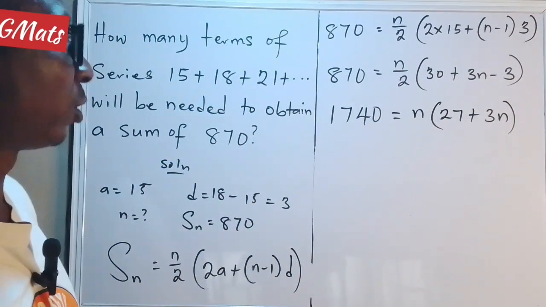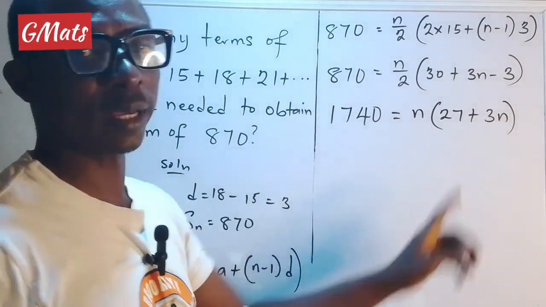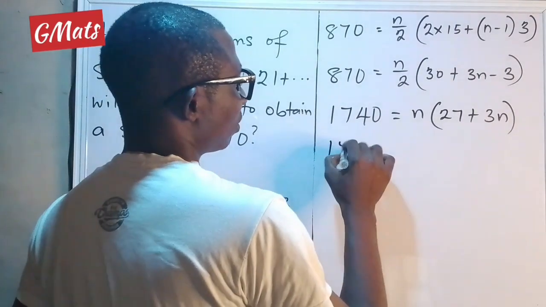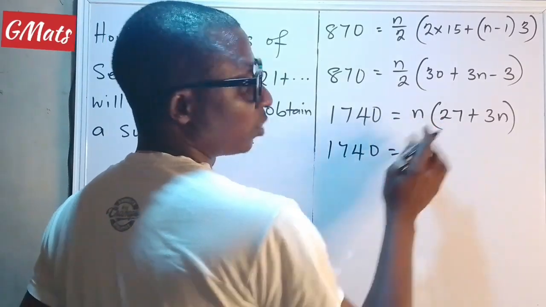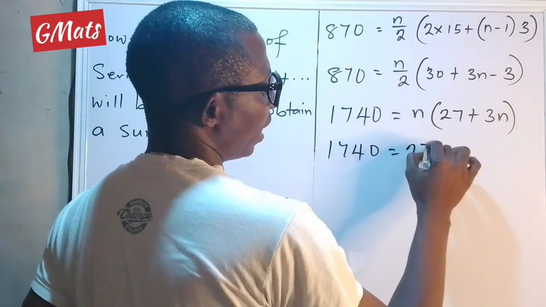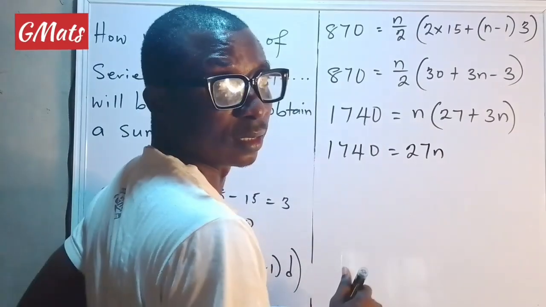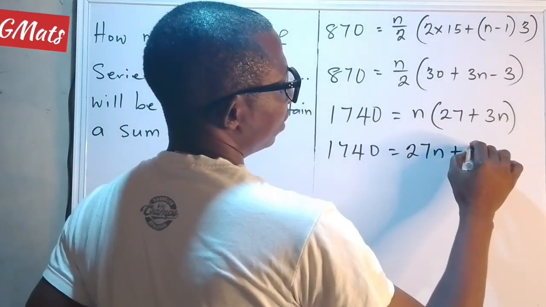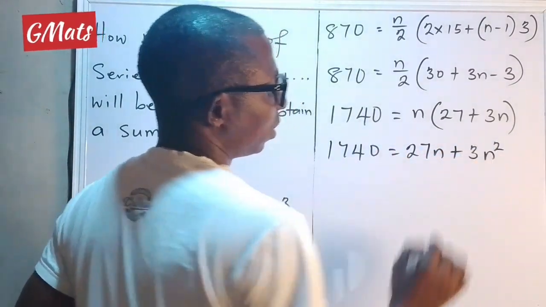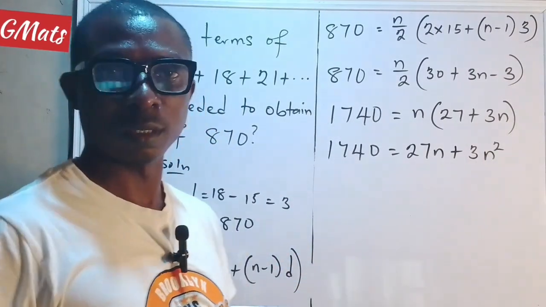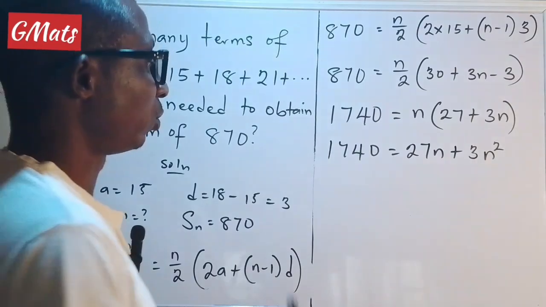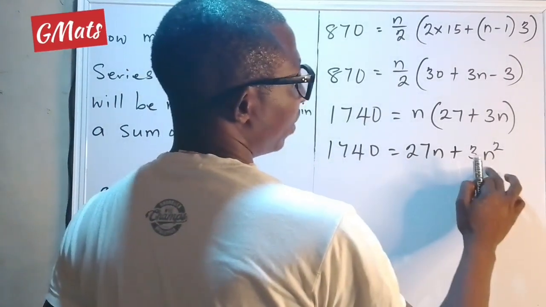All right, so here we open the brackets. So we have 1740 equals n times 27, that's 27n, n times 3n, that's 3n squared. Okay, so it seems 3 can go into all the terms we have there. So you divide this by 3, this by 3, this by 3.